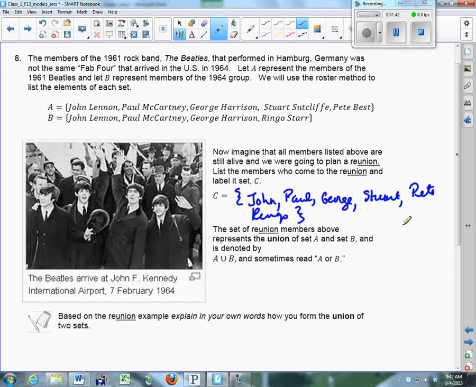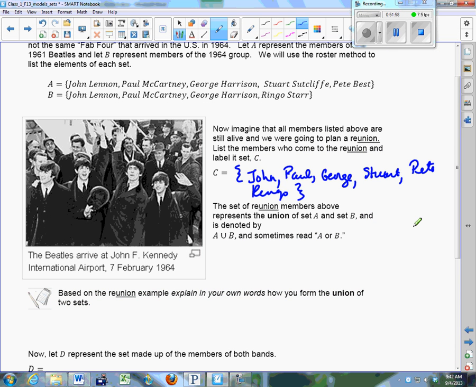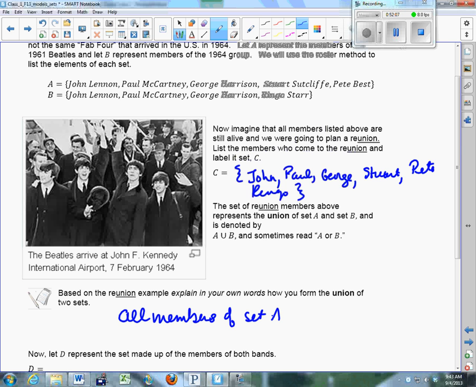We've got two sets here, A and B. All members of set A or set B. Do you repeat them? Right, minus what they have in common. So you list all the members of set A, and then from set B you throw in anybody who's not in set A. All the people in A are in B except for one guy, Ringo. So you don't repeat anyone twice.